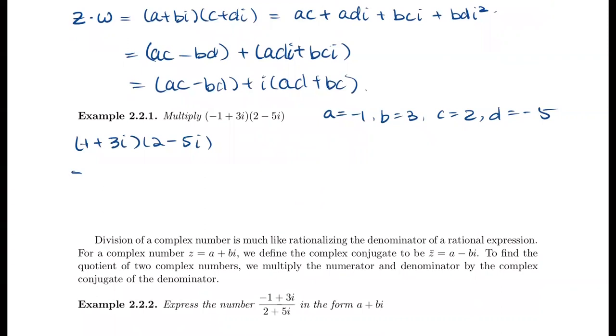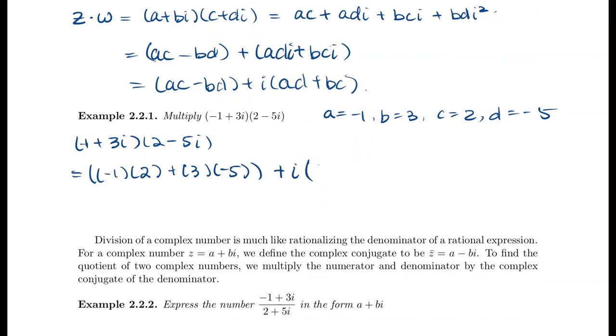So our a is going to be -1, our c is going to be 2, plus b is going to be 3, and d is going to be -5. So that's for the real part. And for the imaginary part, we still have the i on the outside.